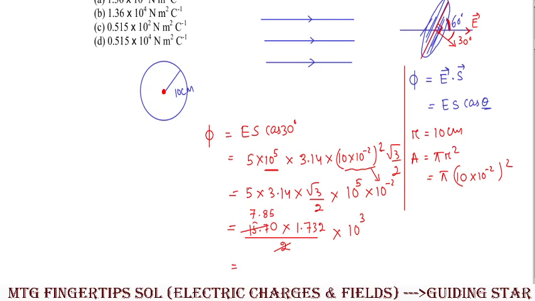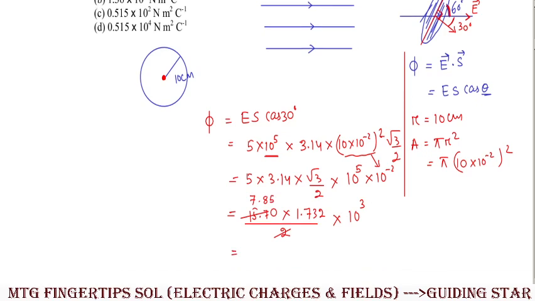Nearly approximately, assume 7.85 is approximately equal to 8, and let it be 1.7. Clear? So 8 into 1.7, into 10 to the power 3.